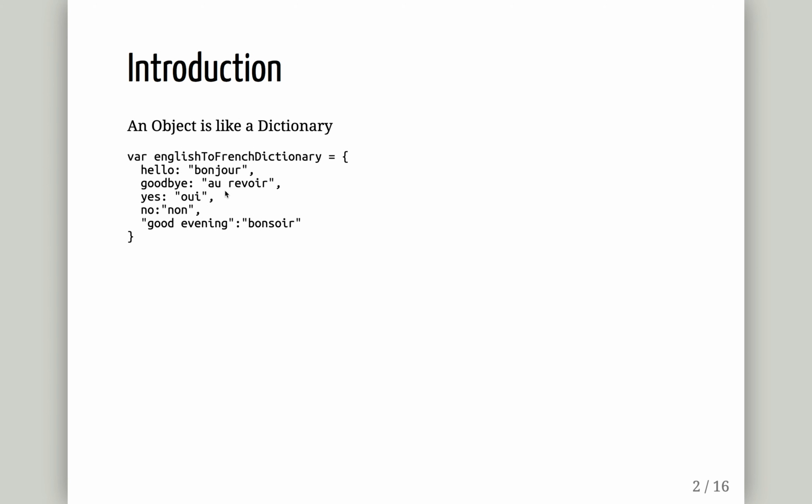Then you go look for goodbye, au revoir. Of course, in your dictionary, you probably have it alphabetical. It needs to be alphabetical because it would take forever to find anything if they didn't have an order. This dictionary is a little bit more flexible. It could be in any order because the way it works is you just say, hey, like Google Translate, I want this thing, and it automatically gives you the other one. It's like it opens to the correct page every time just by telling it what you want. So that's nice.